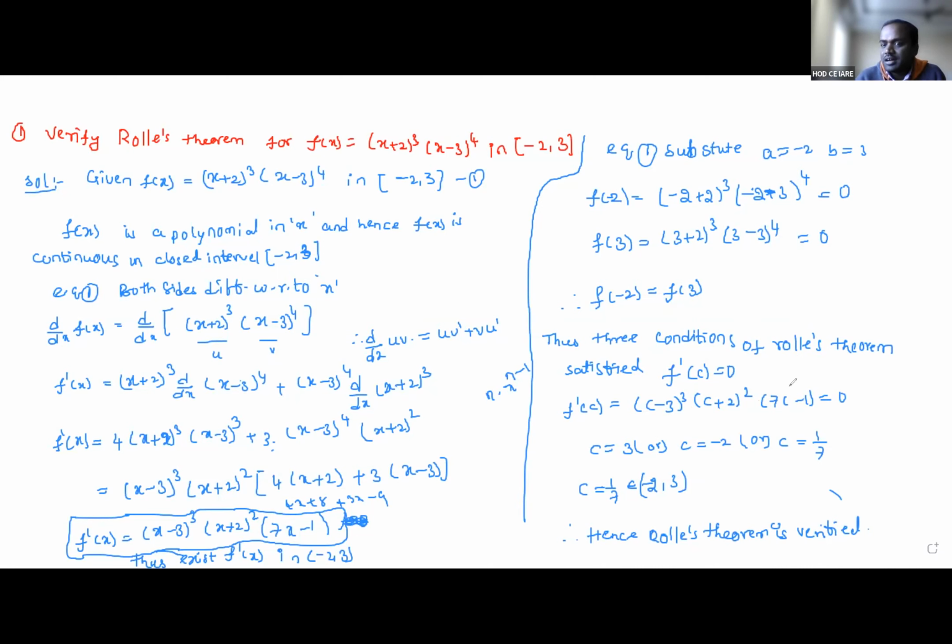Then 7c minus 1 is equal to 0, 7c is equal to 1, c is equal to 1 by 7. This value 1 by 7 lies in between minus 2 comma 3. So hence Rolle's theorem is verified.